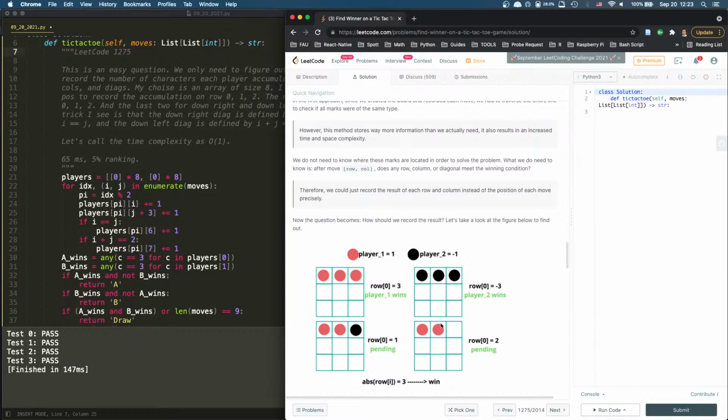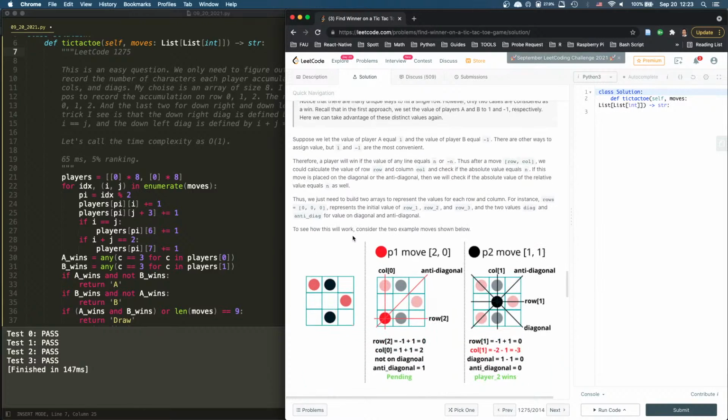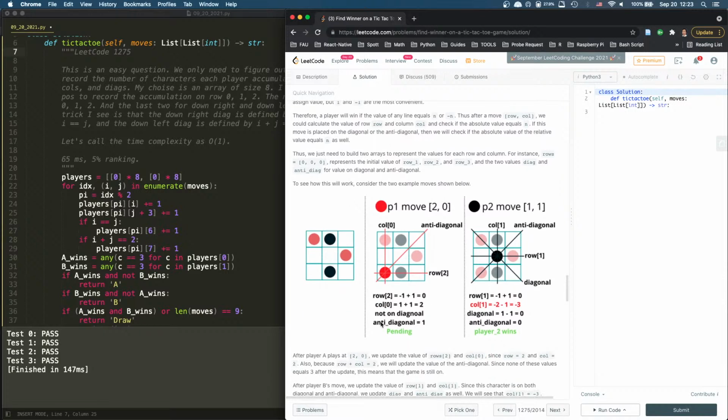How about a column? Well, we can pick anyone.